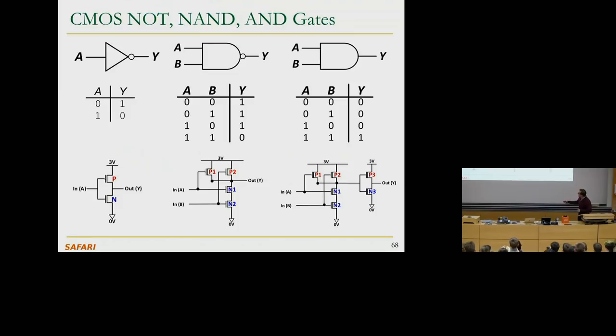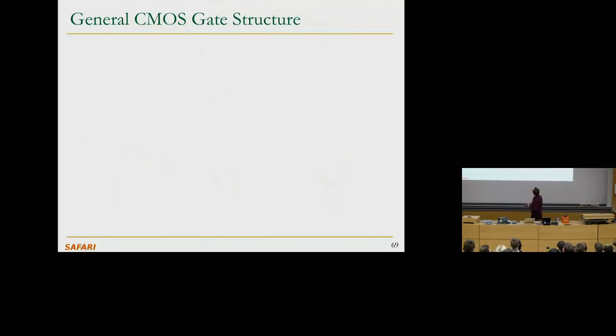The gate that implements NOR looks different from this because P1 and P2 will be in series and N1 and N2 will be in parallel. So that's the logic gate for NOR. And if you want to do an OR after that, you take the NOR gate, the one where P1 and P2 are in series and N1 and N2 are in parallel, and then you add an inverter at the end. That's how you get the OR gate. Now you can do OR as well.